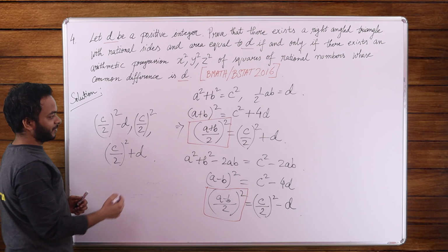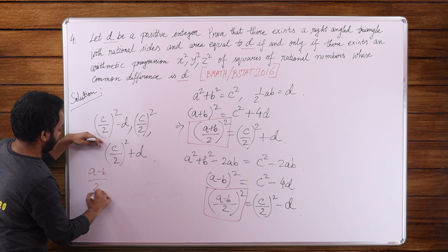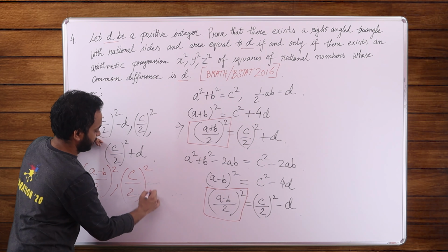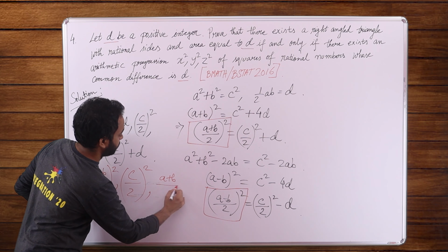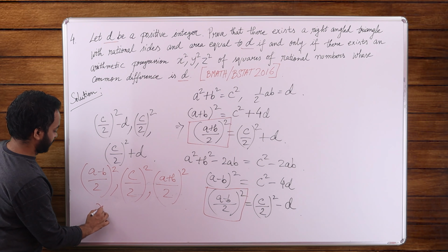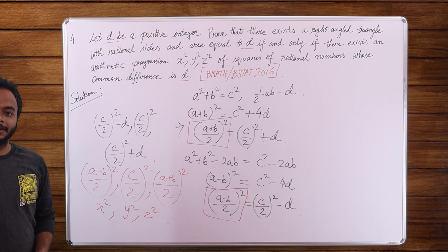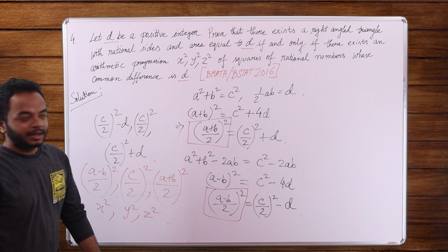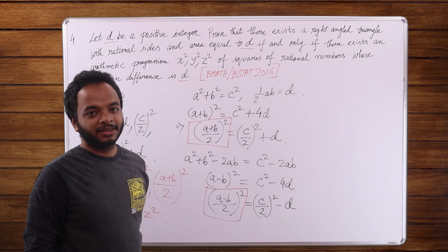And so what we can do is, this term is a minus b by 2 whole square, and then c by 2 whole square, and this a plus b by 2 whole square. So you can consider this as x square, and this as y square, and this as z square. And you have x square, y square, z square in arithmetic progression. And so we have constructed the arithmetic progression of squares of rational numbers as well.